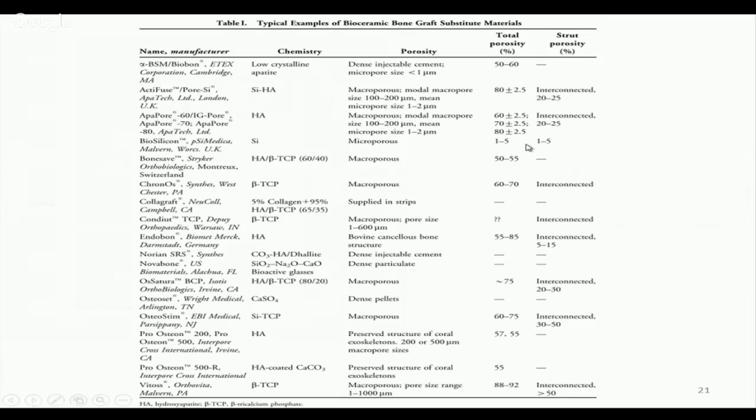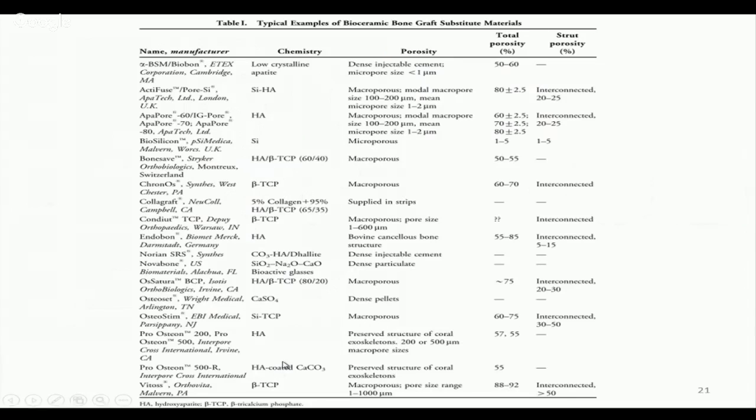Here you can see there are many different types of products available, and very interestingly, not only hydroxyapatite and TCP, but collagen is also combined for improved bioactivation. But these different combinations are used solely to impart different extents of bioresorbability into the implants.